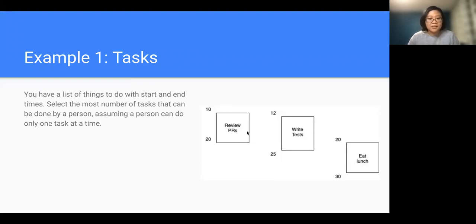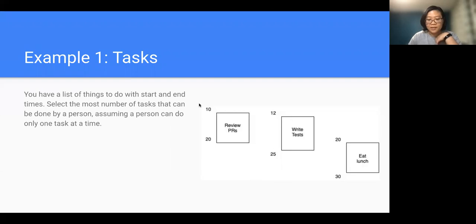and their start and end times. How can I make up my schedule in such a way that I can do the most number of tasks that satisfies this condition? One way to think about it is, I'm going to look at all the tasks and see when they start and when they end.